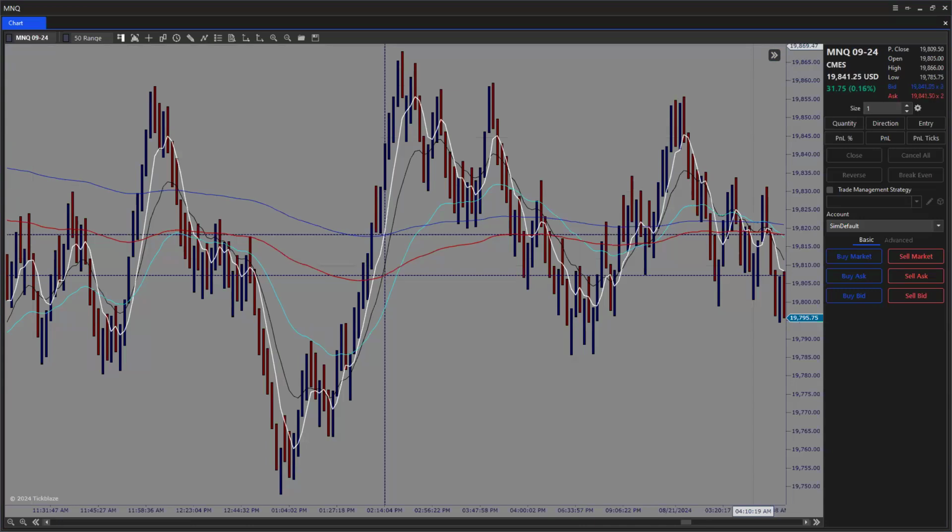There's no trend trade on crude because it overshot the EMAs. The last valid trend trade would have been at like 330.